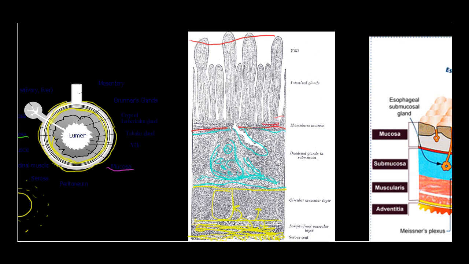That includes this muscularis mucosa, smooth muscle, and it gets its innervation from the submucosal nerve plexus. These muscles help in contracting villi and glands and all that.